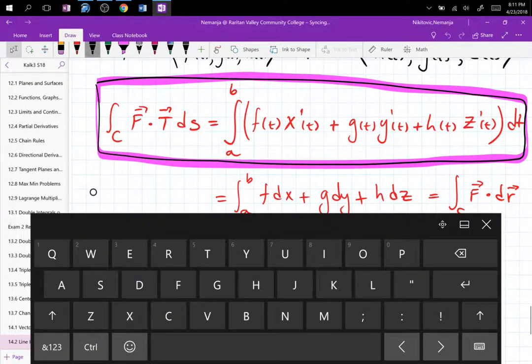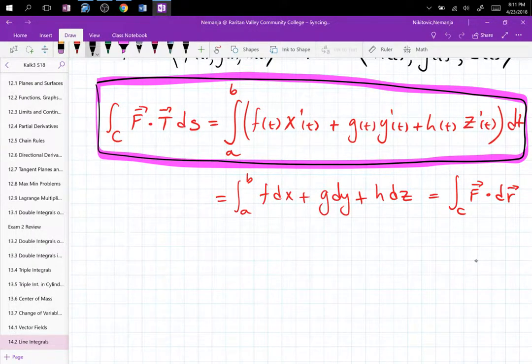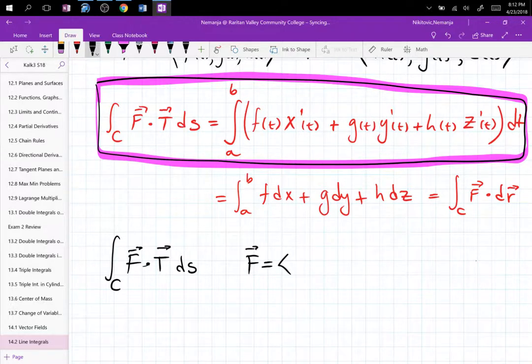So, let's see. Figure out the integral of F dot T ds, where the vector field is y minus x comma x, on the path.